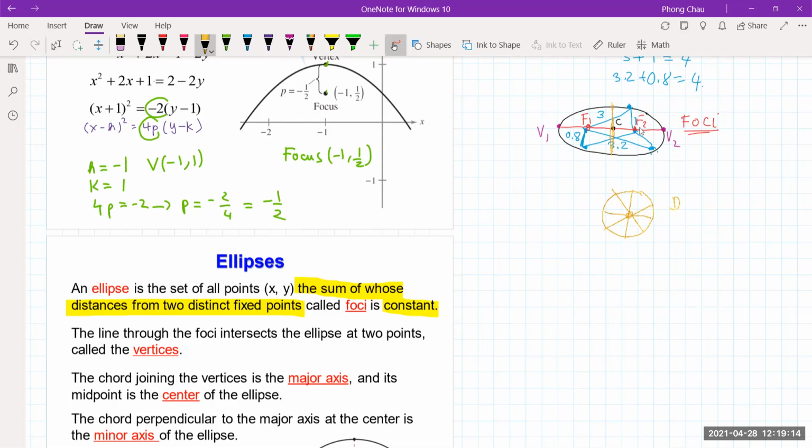The longest one is this one, in this case the horizontal one, which we call the major axis. So the major axis is the longest chord of the ellipse. The minor axis, on the other hand, is the shortest chord of an ellipse, and they are perpendicular, right?